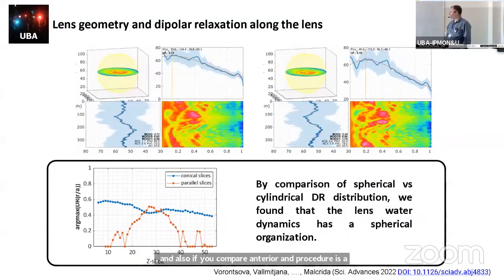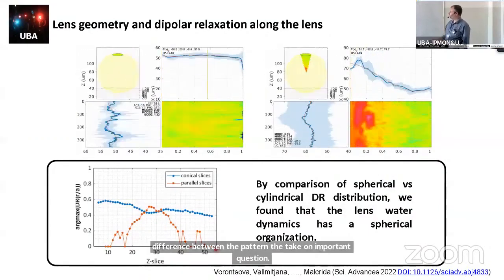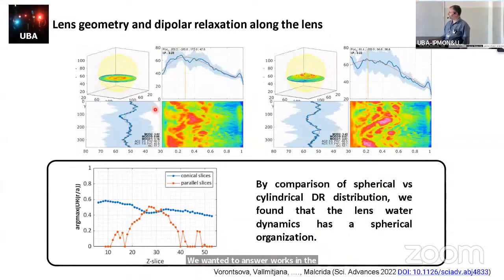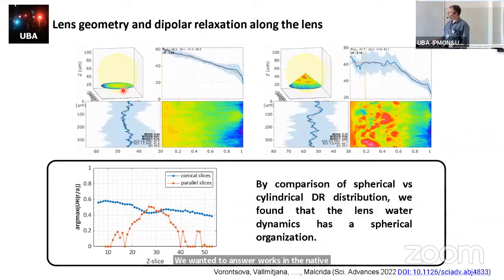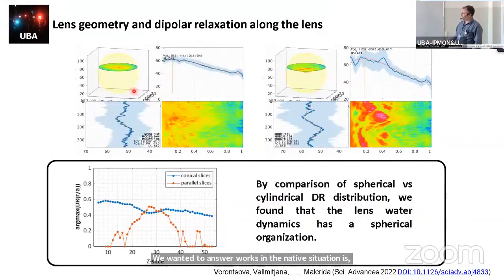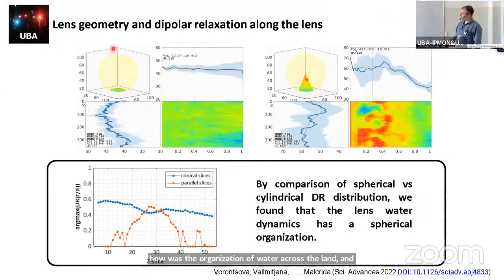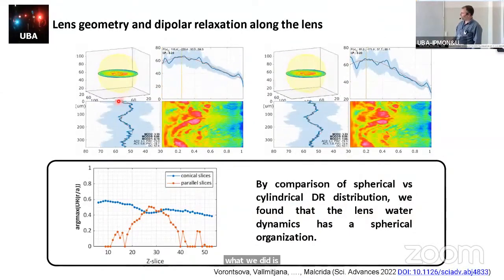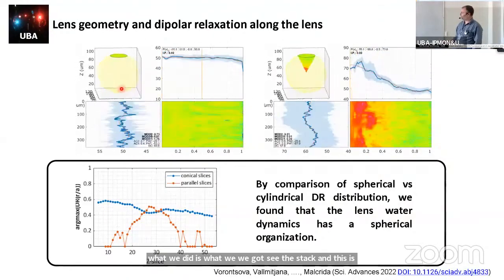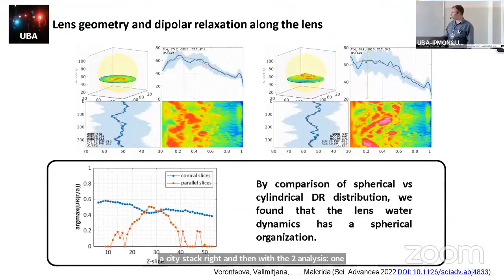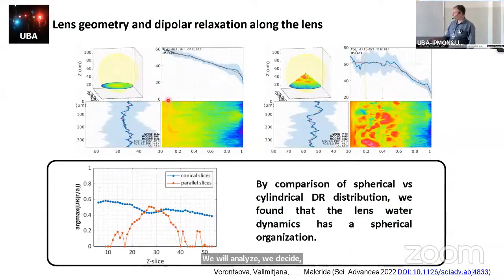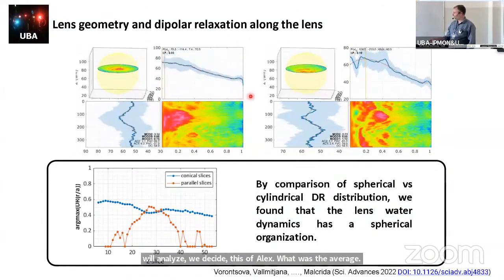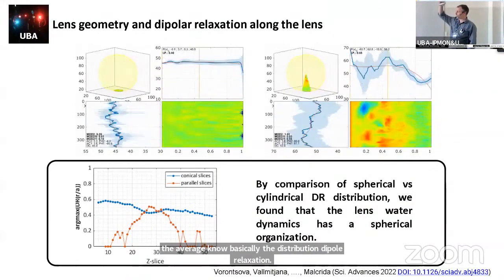The second important question we wanted to answer, in the native situation, was how the water is organized across the lens. What we did is, we got a CT stack, and this is a CT stack, right? And then we did two analyses. One was to analyze with Alex's algorithms the average distribution of dipolar relaxation along the length in the different CT stacks.